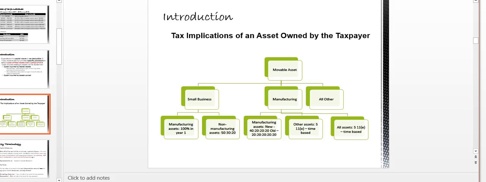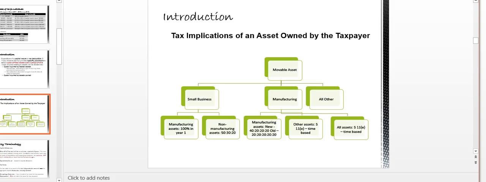If a small business corporation has a manufacturing asset, then you may deduct the full 100% of this asset in the first year of assessment. But if it is a non-manufacturing asset for a small business corporation, then you may deduct 50% of the cost in the first year, 30% in the second year, and 20% in the third year of assessment.